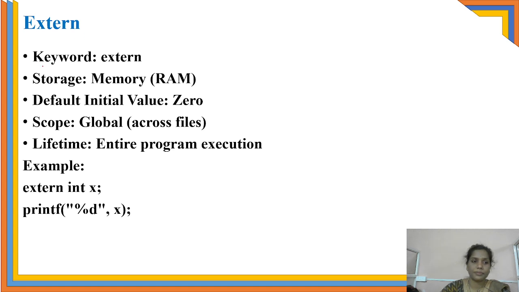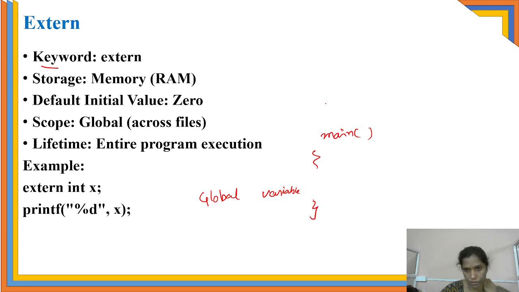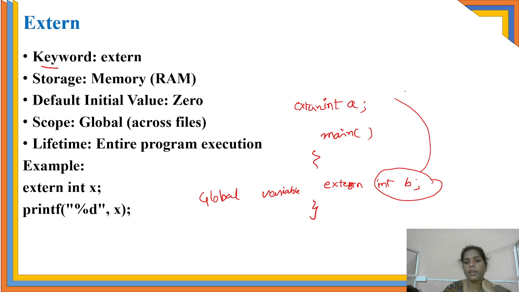Extern. Extern is a global variable. For example, this is the program. If you declare extern int a, and here extern int b, you can access this b value outside of the main also.